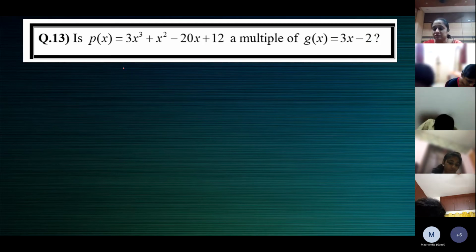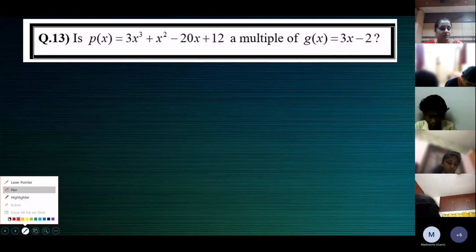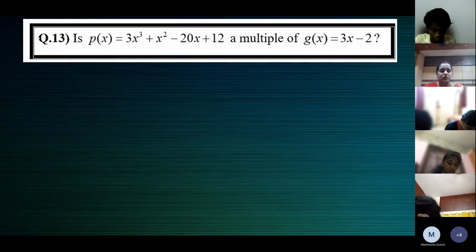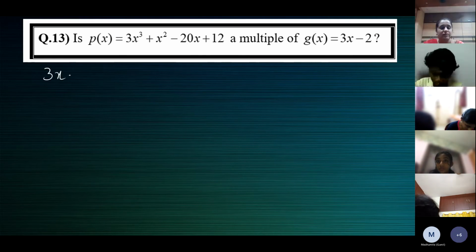Yes, Lishant. Now g of x, 3x minus 2, is the divisor. Equate it to 0 and tell me the value of x. Lishant, look at your screen.